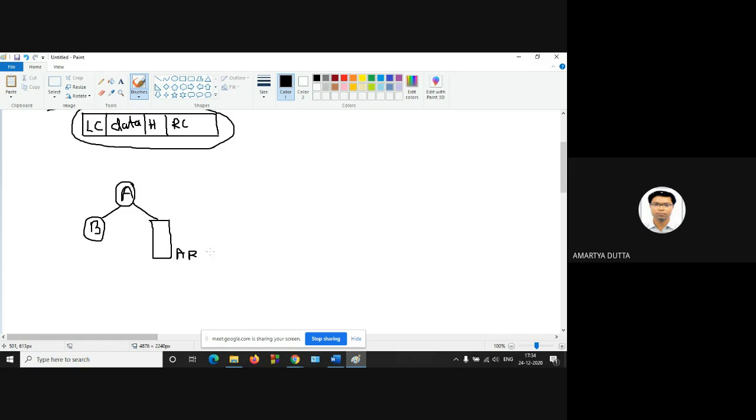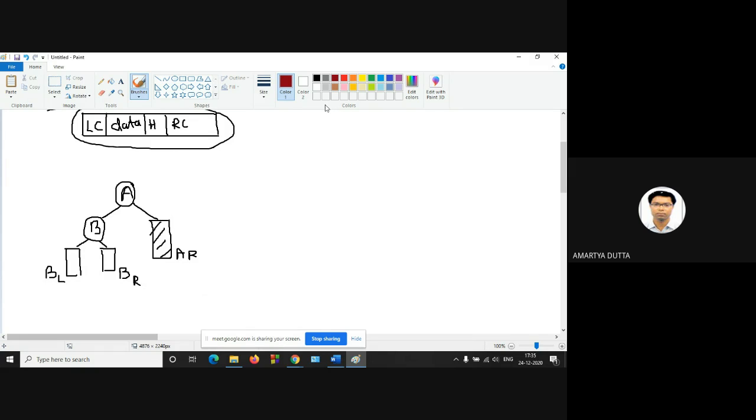Okay, so this is your leaf node, and from B we are getting BL and BR. This is the left subtree of B and this is the right subtree of B. BL and BR.